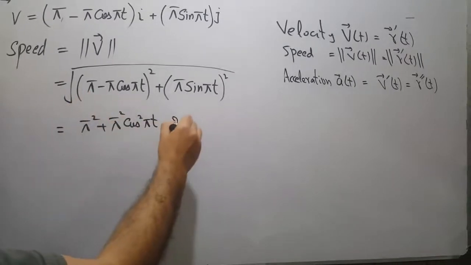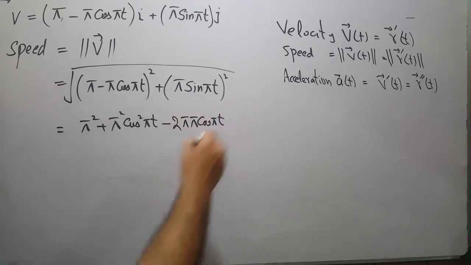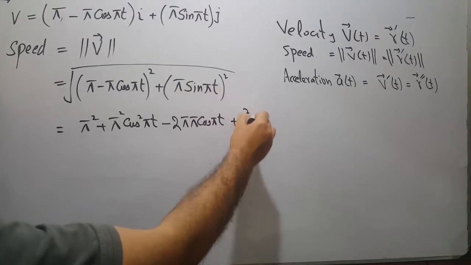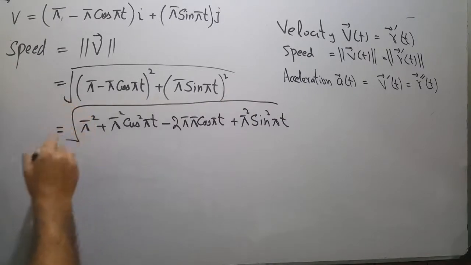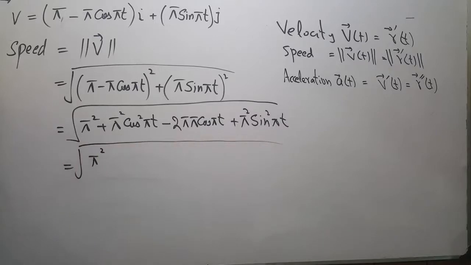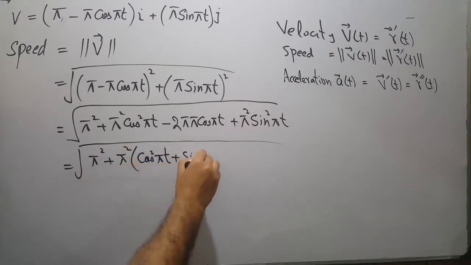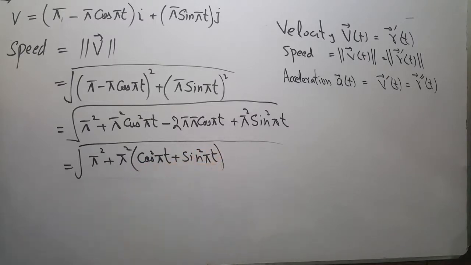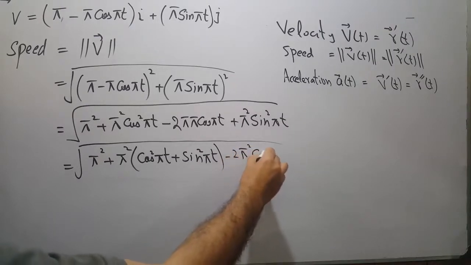So first is pi, second is pi cos pi t, and then plus this one, which is pi square sine square pi t. So we can see that something is common. If I take pi square from here and from here, we can get this one, which is equal to 1, and this is minus 2 pi square cos pi t.